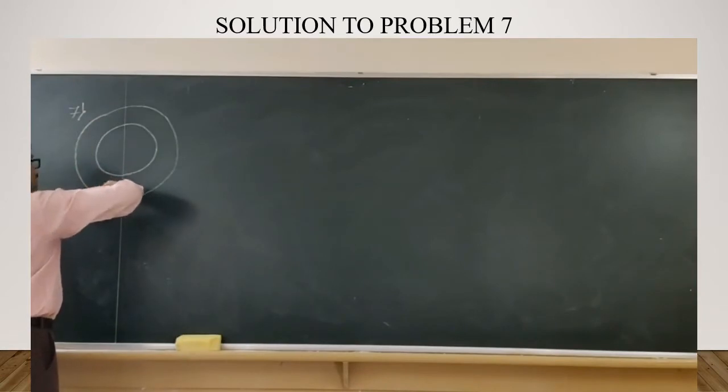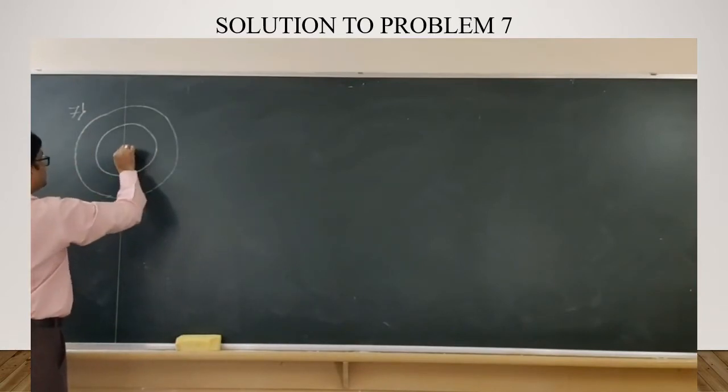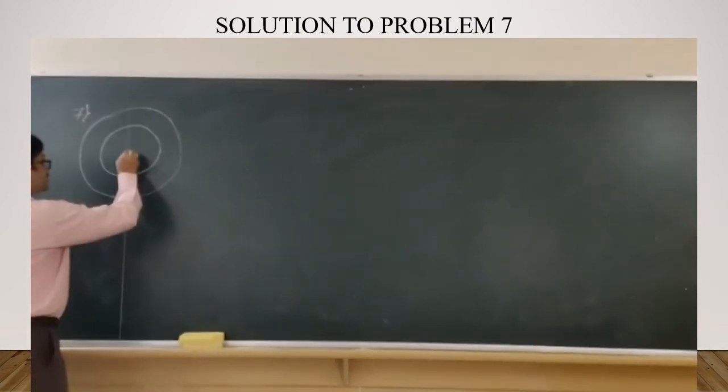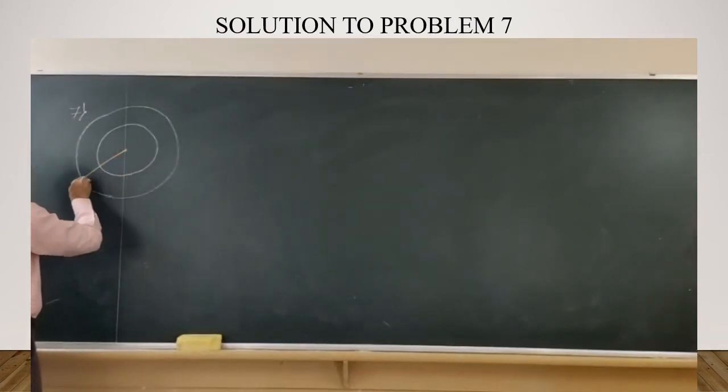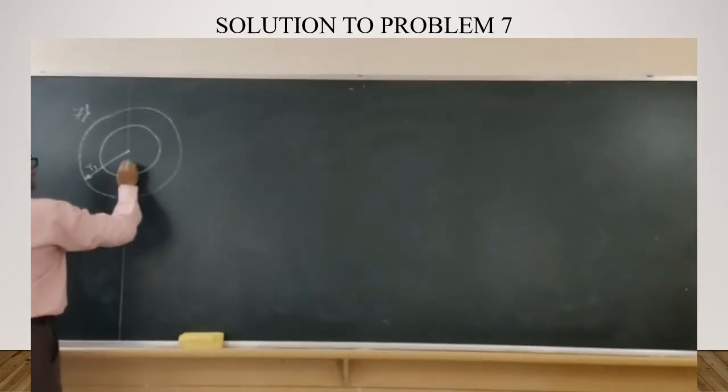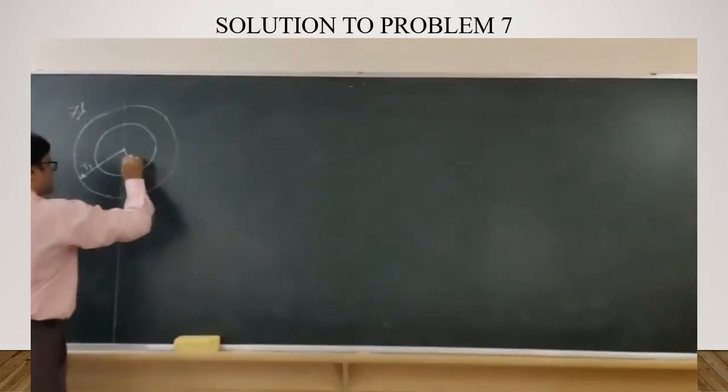This is the hollow tube, and in this hollow tube they have given the external diameter. So instead of making use of diameter, I will make use of radius here. So this is R1 and the inner radius I will take as R2.